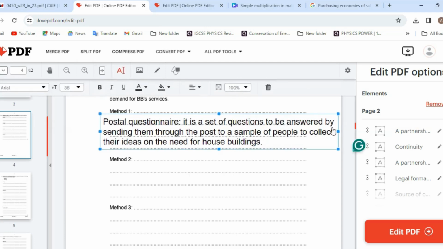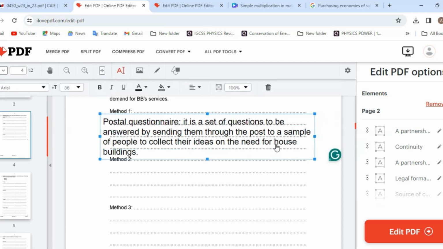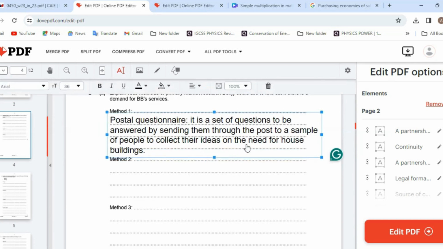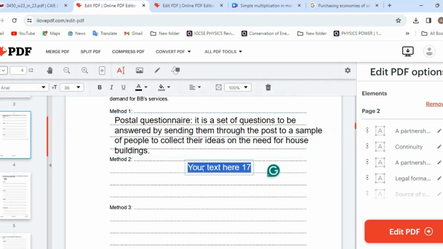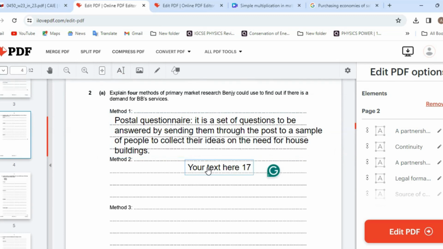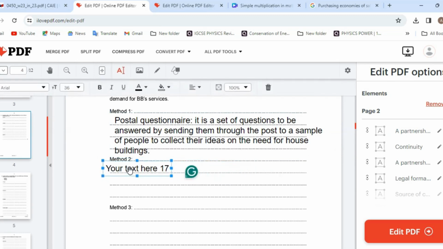Interview. Another one is interview. Okay, let's try and put that out also. That's the second method. Second method here is interview.